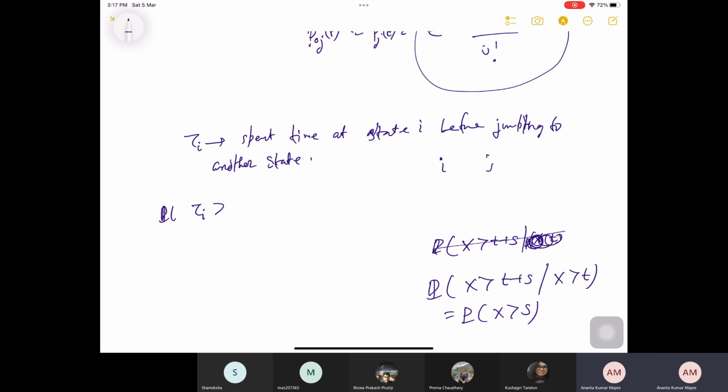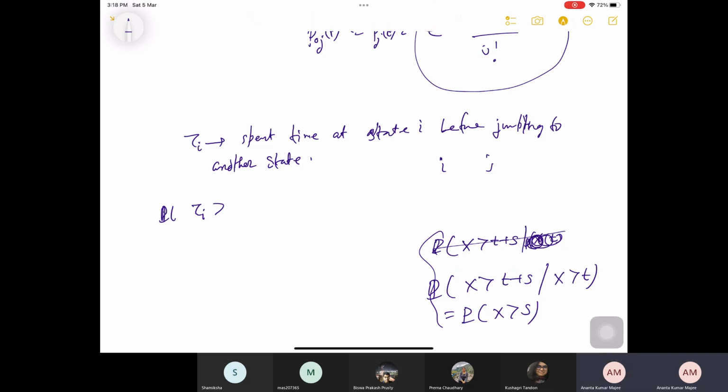And we know that this means x follows an exponential distribution, is it not? We'll try to show here that this tau i, the spent time, follows an exponential distribution with mean minus 1 by qii. Because qii is negative, that is why minus 1 by qii, so it should be positive.